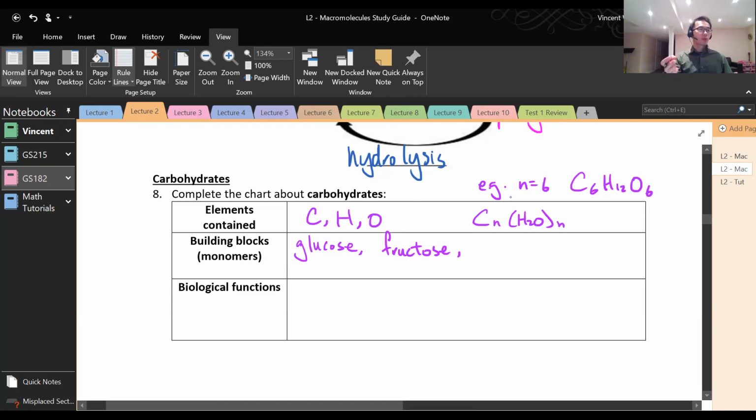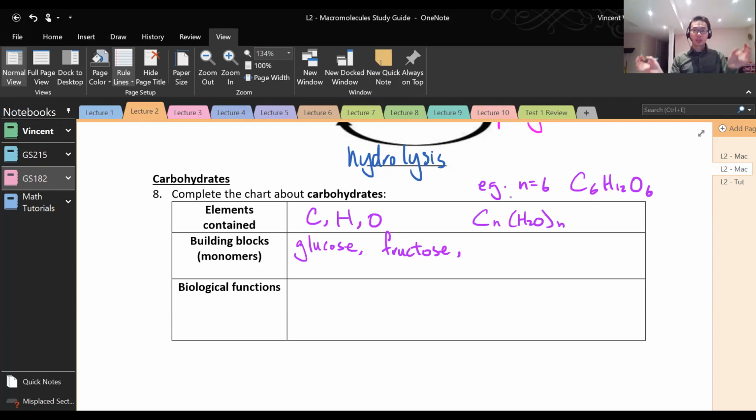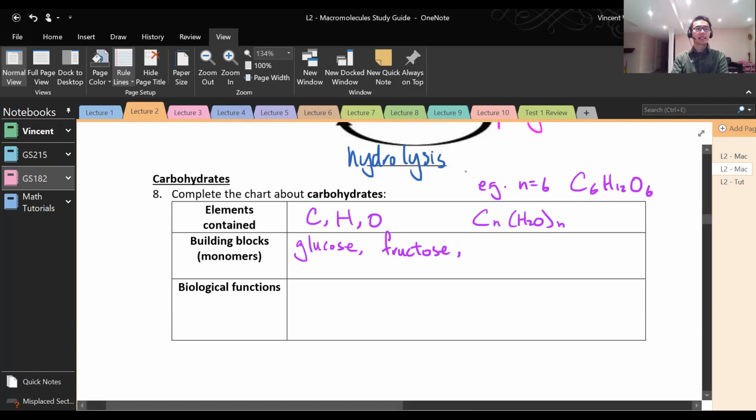People are saying lactose, sucrose, right? Those are actually no longer monomers. When you put two monomers together, that's when you get those. We'll get to it in a second. Yeah, a couple of people say galactose, that's correct. So it's important to know which ones are the monomers, which ones are not. There's likely going to be a question like that on the quiz.